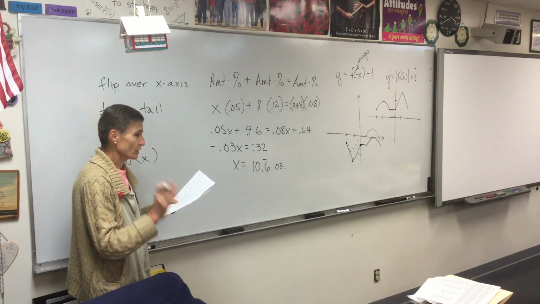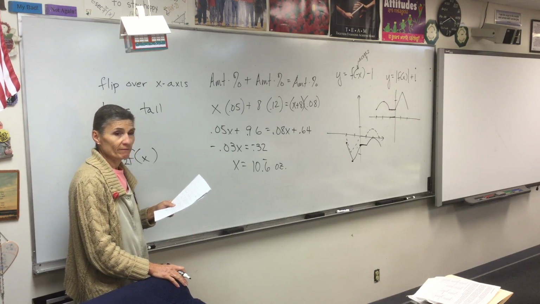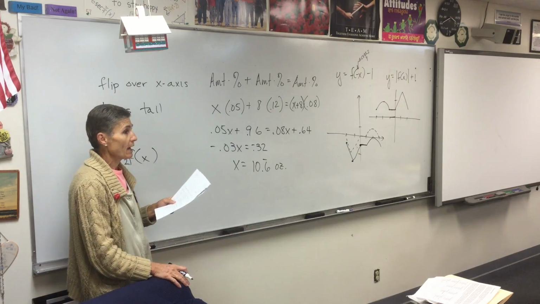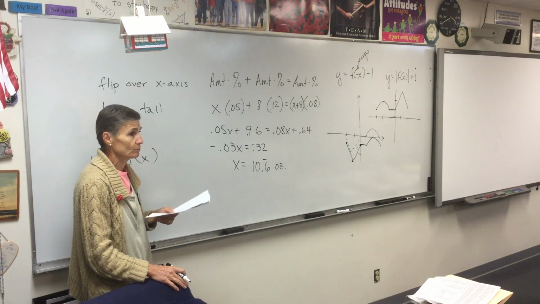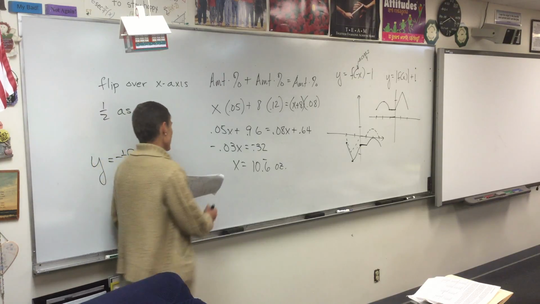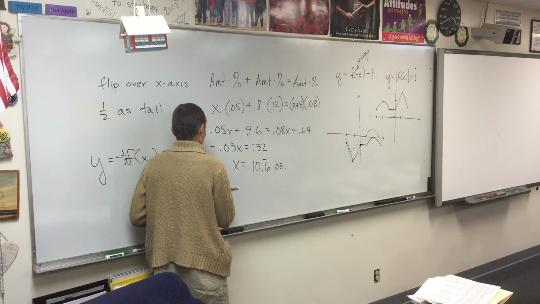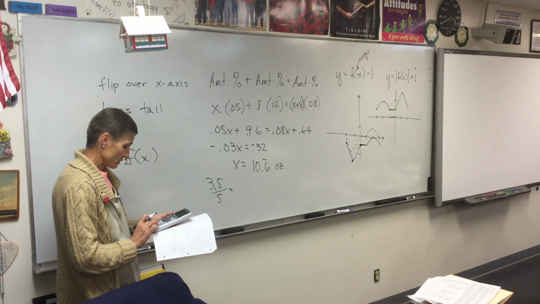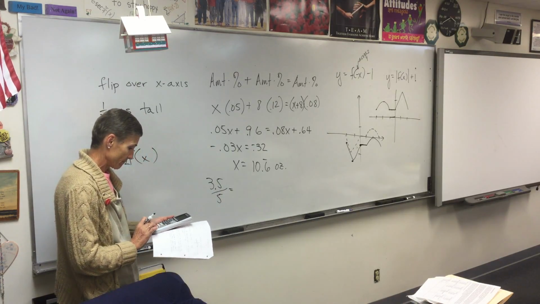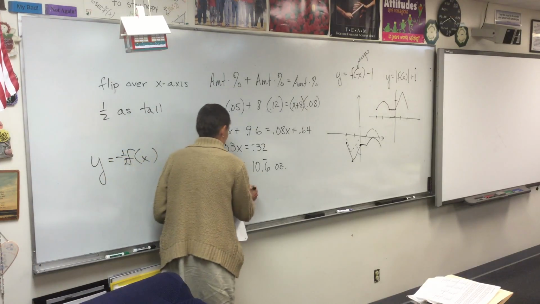How much of it's actually walking? 3.5 miles. So how do I find the percentage? 3.5 is what percent of 5? What do I have to do? Divide. So the answer is simply whatever 3.5 divided by 5 is. That will be my percent. And it's 70%.